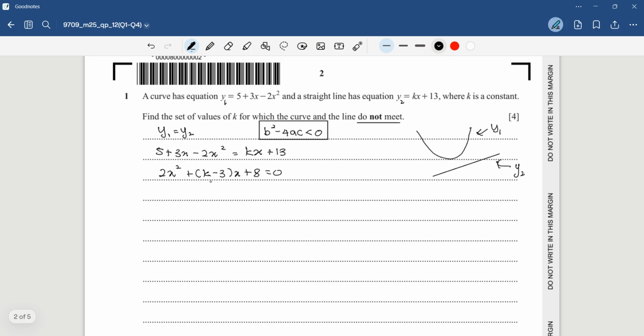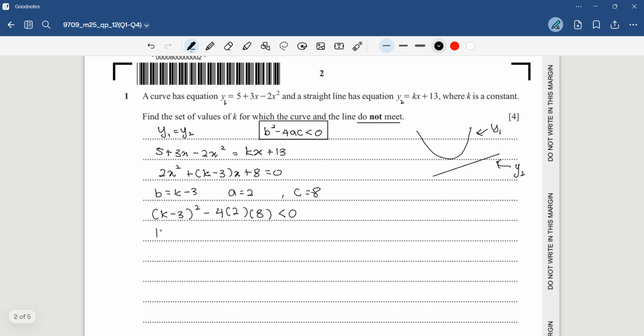Here your b is k minus 3, your a is equal to 2, and your c is equal to 8. So it will be (k minus 3) squared minus 4ac less than 0.